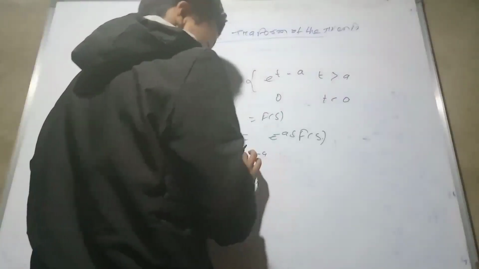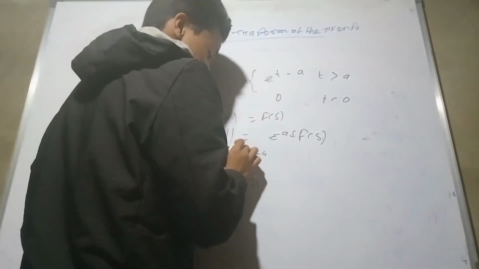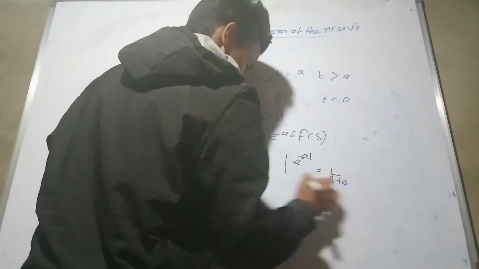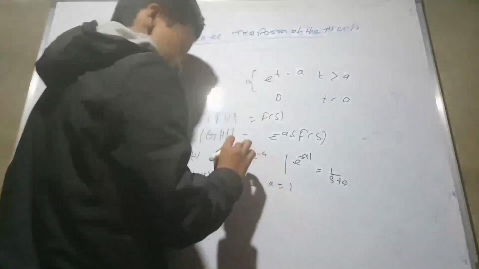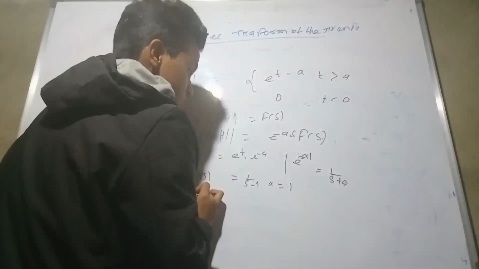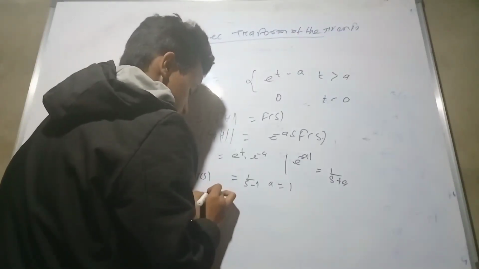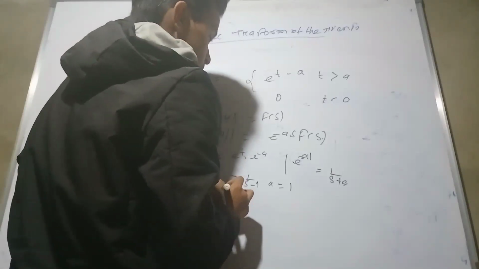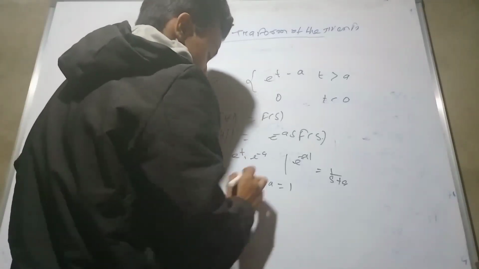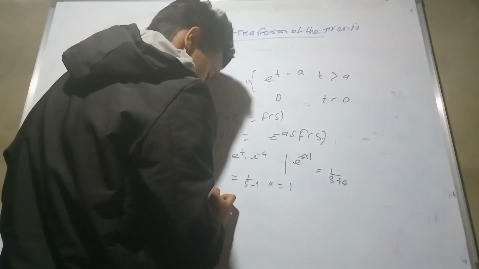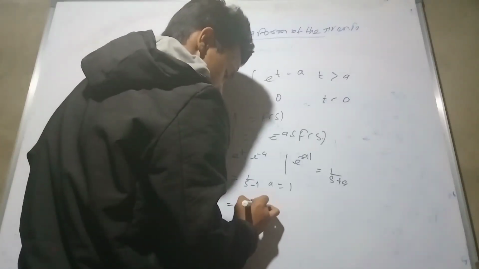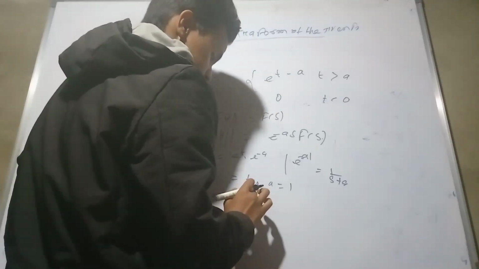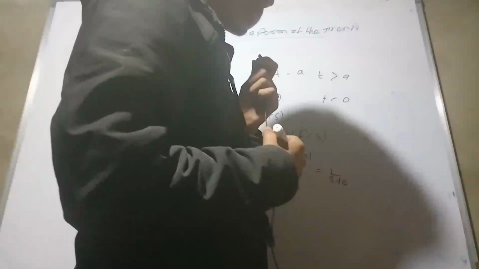The Laplace transform of e^(at) is 1 upon s minus a. If it is e^(-at), then that will be s plus a. Here a equals 1. So the Laplace transform of g(t) is e^(-s) upon s minus 1.